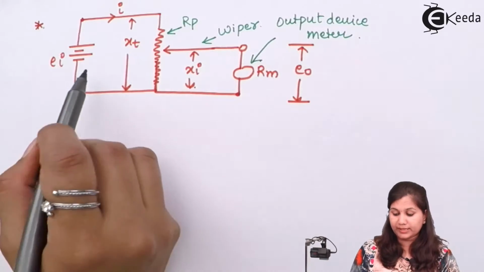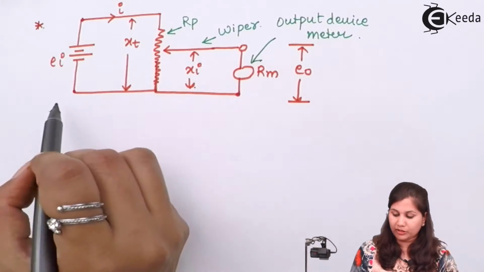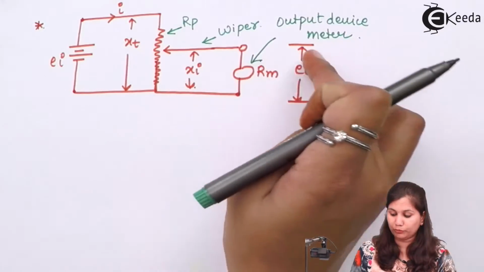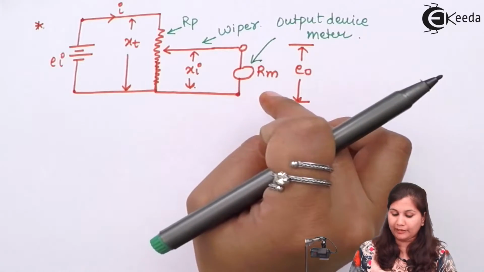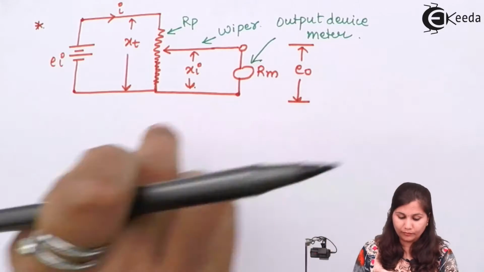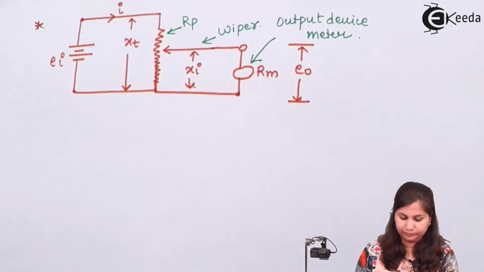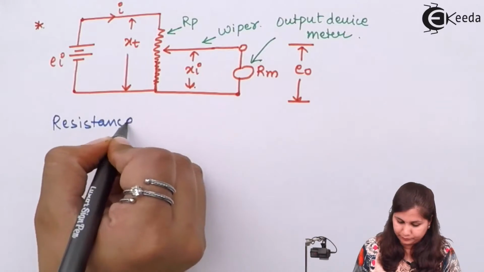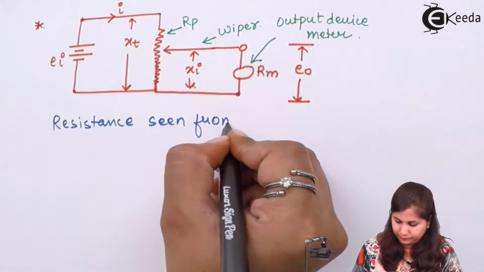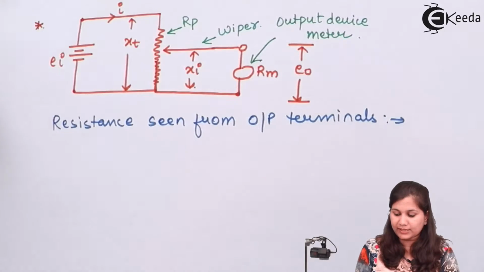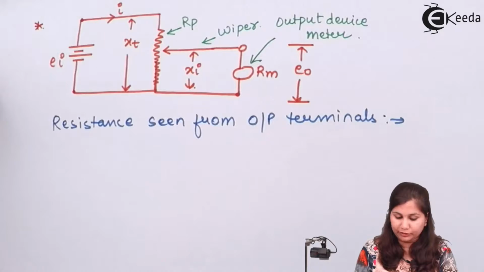So this is the linear potentiometer, in which we have considered that the output device which is measuring this output voltage has some value of resistance, which is called Rm. Now in this case, the resistance which is seen from the output terminals will be changed.